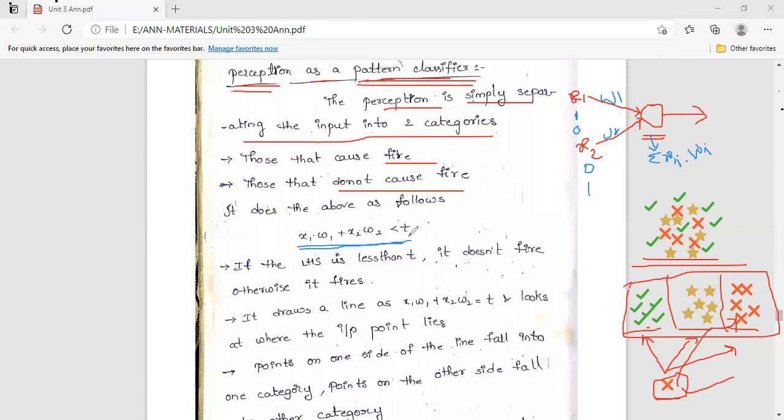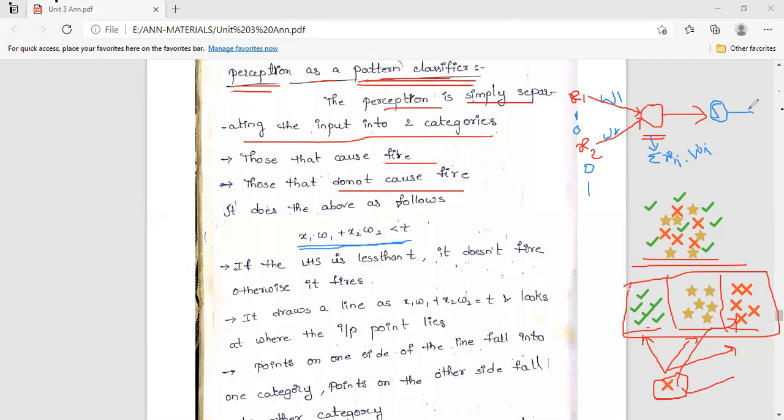What is T here? T is a target output. The target output is also called the expected output.